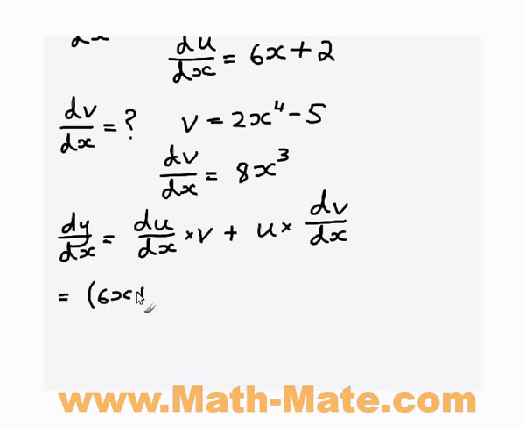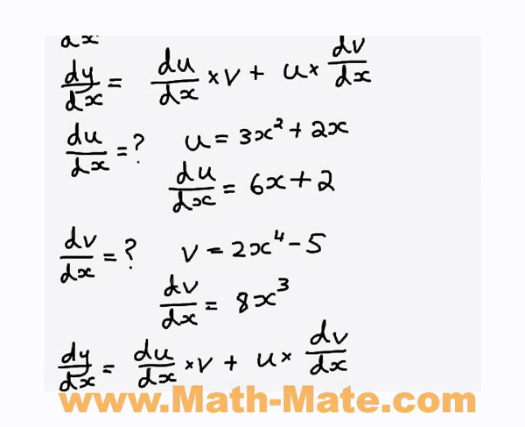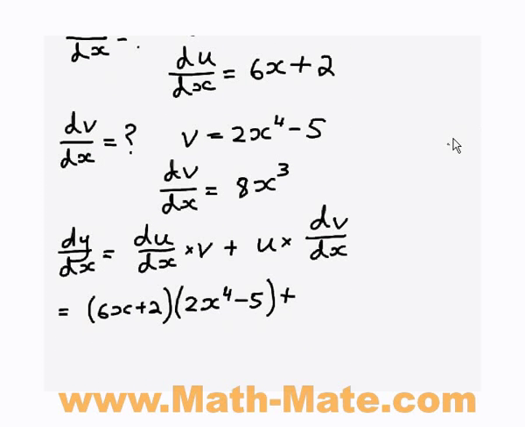So du/dx equals 6x plus 2. v equals 2x to the power 4 minus 5. So that's the first half done. Plus, u is 3x squared plus 2x. Remember to put it in brackets because all of u is multiplying the next thing, not just the last bit. And then dv/dx, we've just worked out, is 8x cubed.